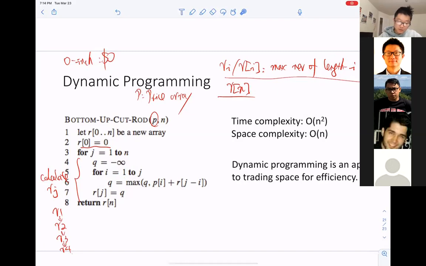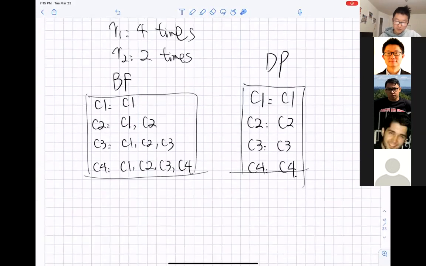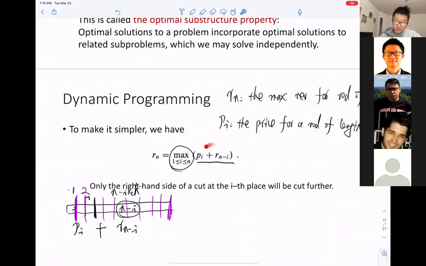And for i starting from 1 to j, we have q equal to the max between q and Pi plus Rj minus i. So here we have Pi plus Rj minus i. Correct? Yes. Is it very similar to what we have over here?